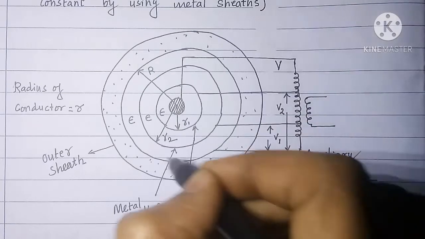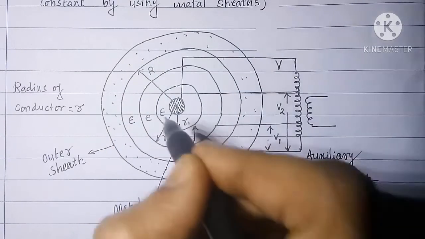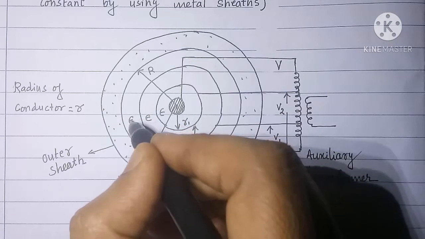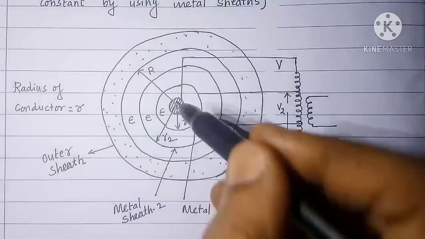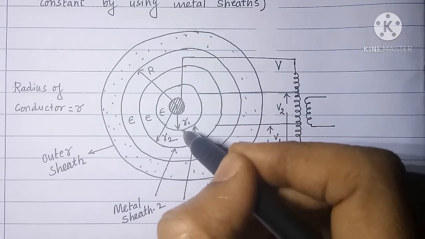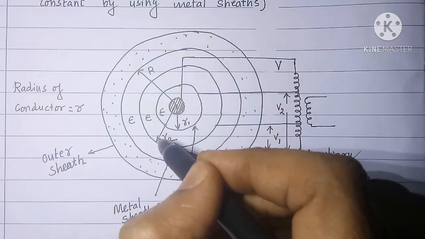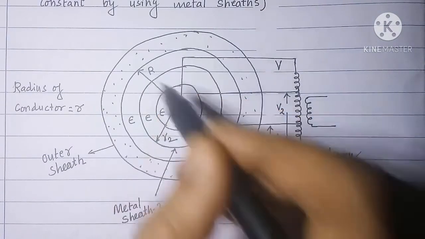This is outer sheath here. All the three insulators are made up of same material. Therefore, epsilon value is same for all the three insulators. The radius of first insulator is R1, the radius of second insulator is R2, and the radius of third insulator is capital R.